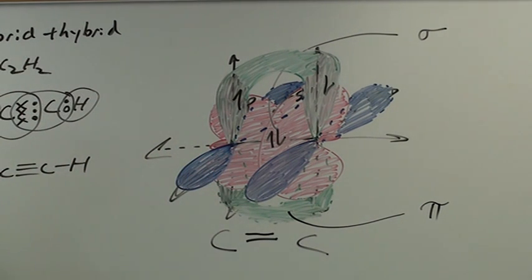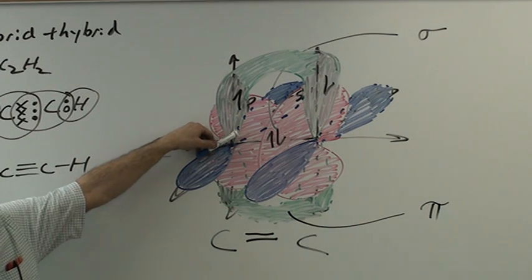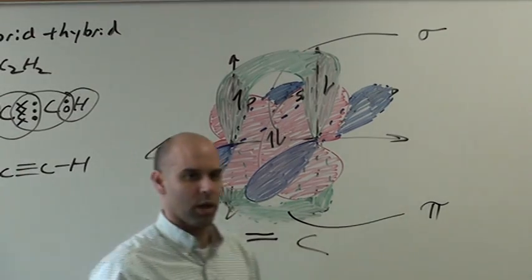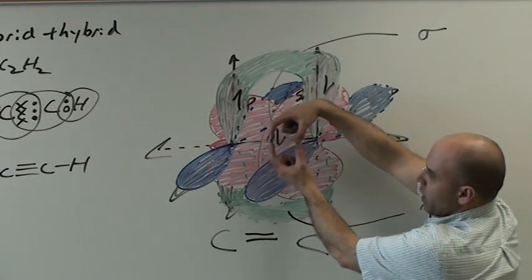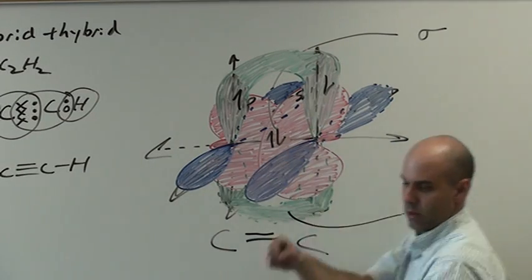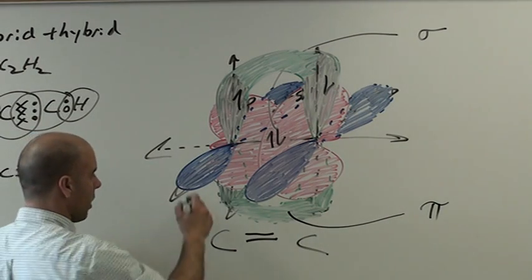So those p orbitals are on the y-axis, and they overlap just like the ones on the z did. They're going to form two interlocking rings. The green one like this, and the blue one like this. Is the blue one under the green one? No, it's above it.